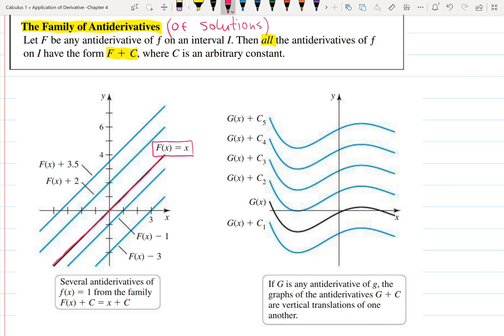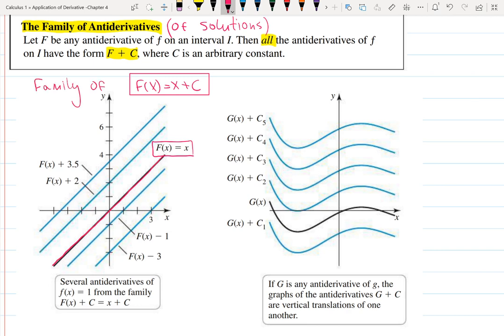But if this is the answer for finding an antiderivative, then we have a family called f of x equals x plus c. That's the family of solutions.